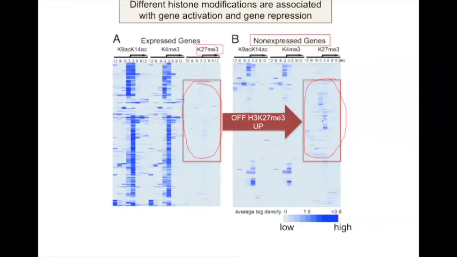So in other words, what these two figures have shown is that changes in the amount of methylation at specific residues of, in this case, histone 3, are correlated with genes being turned on, lysine 4 trimethylation, or genes being turned off, lysine 27 trimethylation.